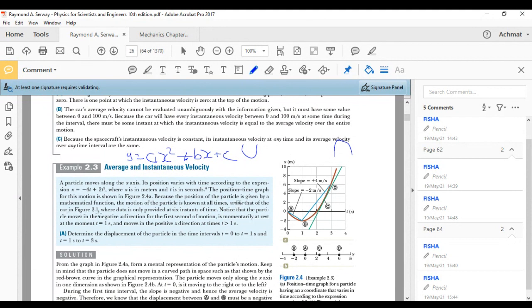Unlike that of the car that we spoke about earlier, where we use the table to get the data. Now notice that the particle moves in the negative direction initially for the first second of motion.